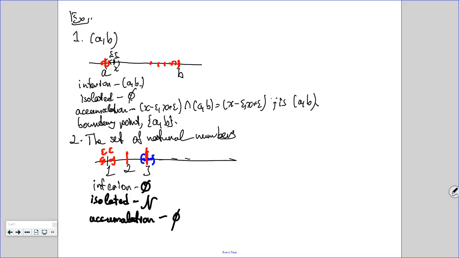So the set of accumulation points is empty. And for the boundary point, if we take a neighborhood again, 1 point is inside the set, then the others are outside the set. And we can see that there are no boundary points for the set of natural numbers.